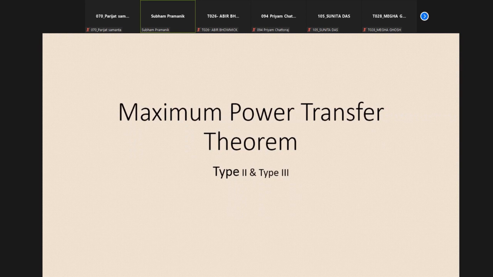It has two components, a variable resistor and a variable reactor. That means resistors and maybe there are capacitors or inductors, whatever they are, they can be separately varied. We shall see what type 3 is, but before that, let's see what type 2 is.